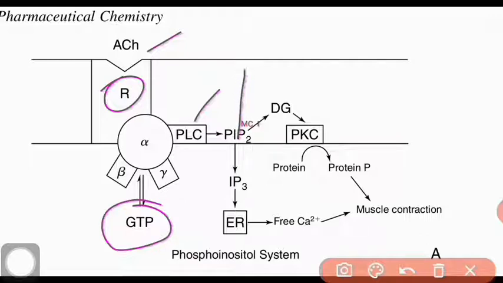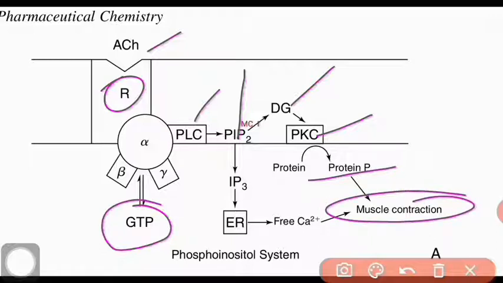Phosphatidyl inositol bisphosphate, diacylglycerol, and protein kinase are involved, and then it releases protein P, and that causes muscle contraction. Phosphatidyl inositol bisphosphate releases inositol triphosphate, which interacts with the endoplasmic reticulum and releases free calcium. That calcium-calmodulin interaction with the muscle fibers gives muscle contraction.